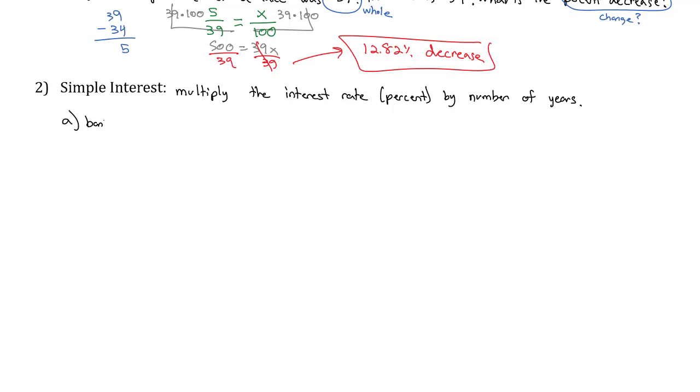So if a bank pays 2.1% simple interest, and you invest $3,500 for 4 years, how much do you have?